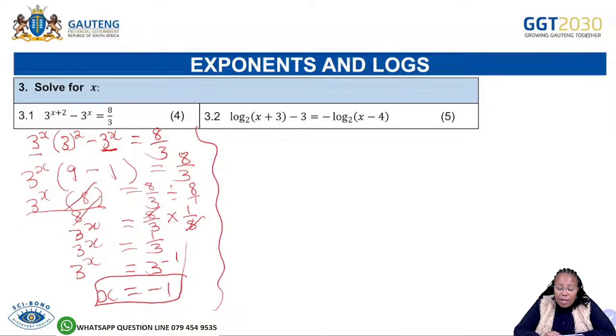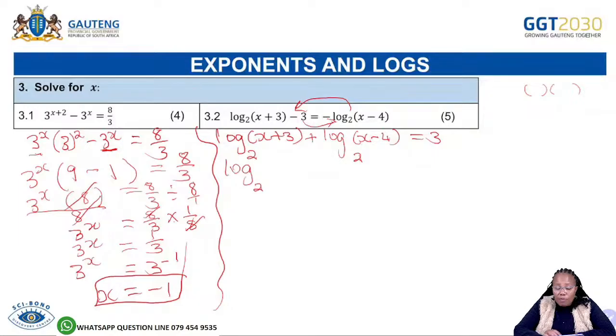For the second one, we are still applying logs. It will be log of x, it's log equations, base 2. Then we take this log to the left hand side. It will be plus log of x minus 4, base 2. 3 to this side, it will be positive 3. You still remember I said if it's a plus, then you will be multiplying your brackets with a single log.